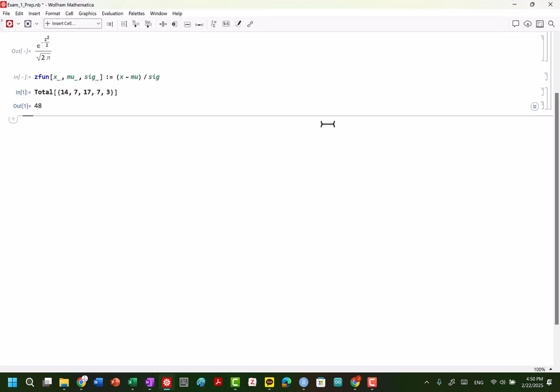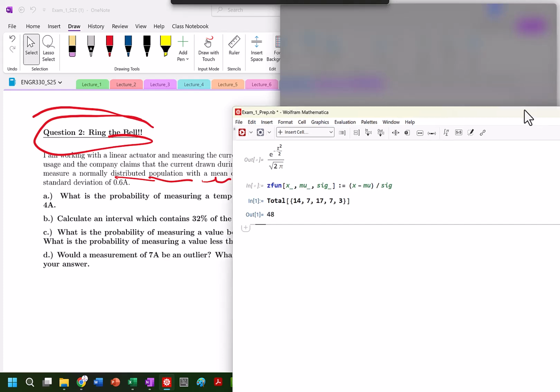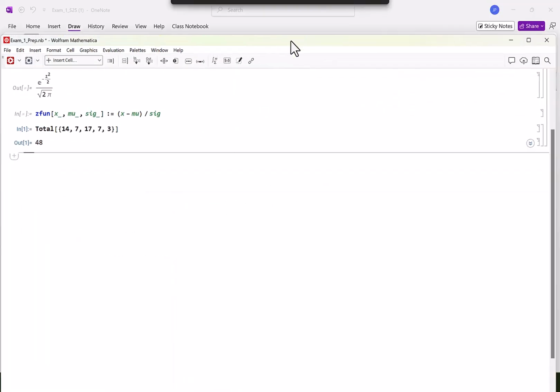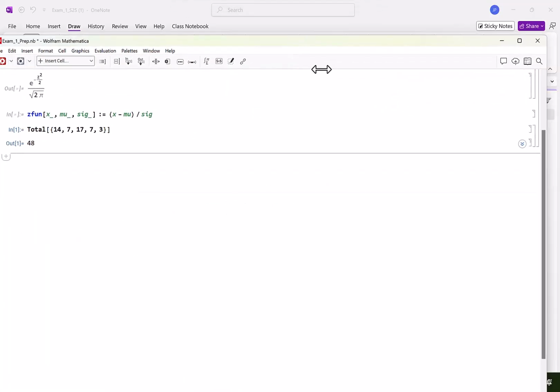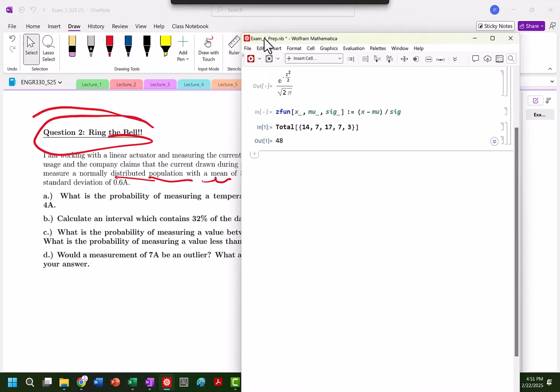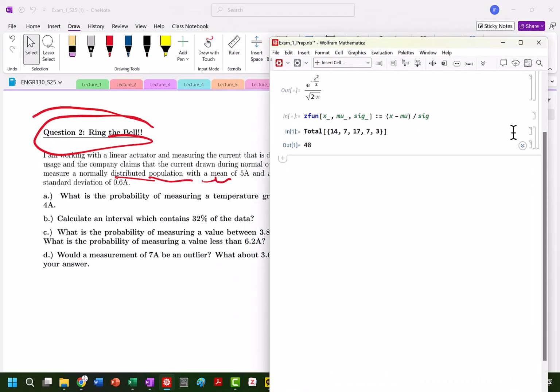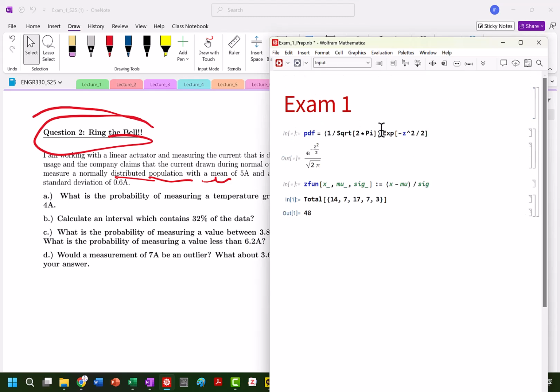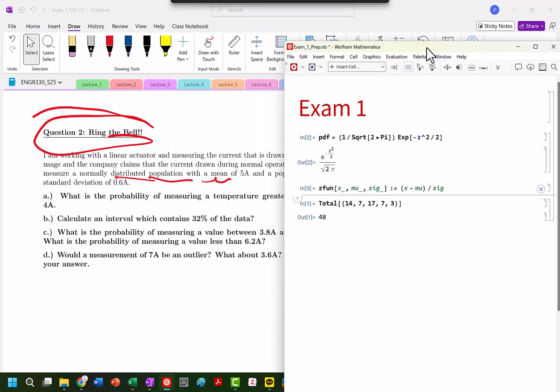So let's go ahead and build this in. I'm going to just squeeze this right here. Let's go. Let's actually bring this up here. So we need the probability of measuring a current greater than 4 amps.